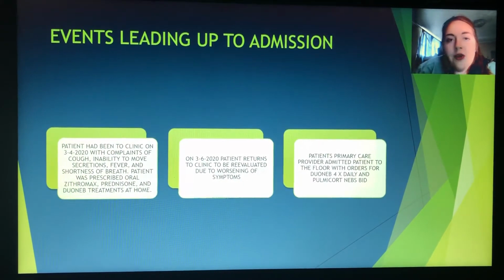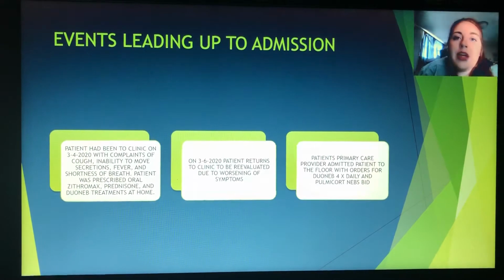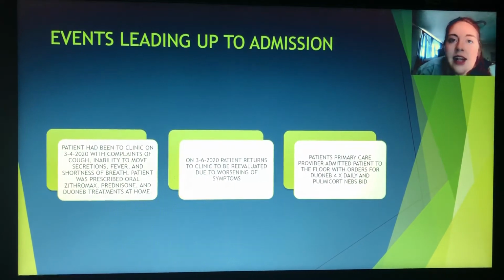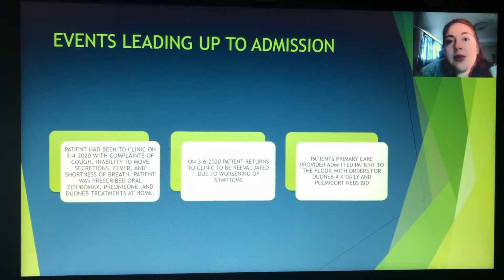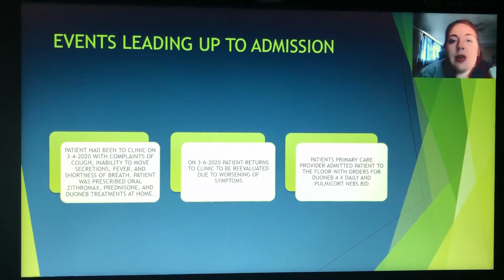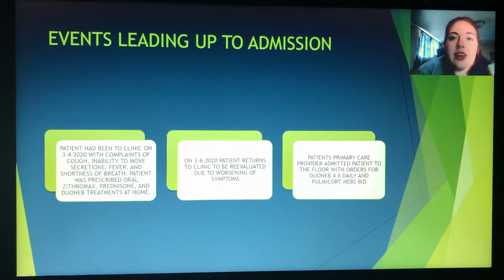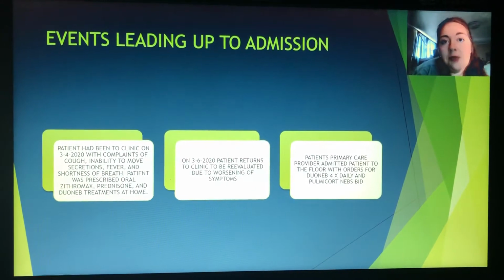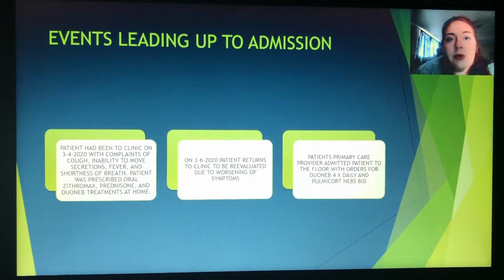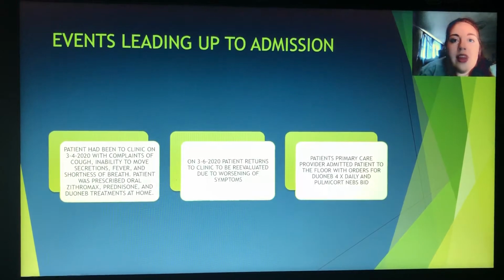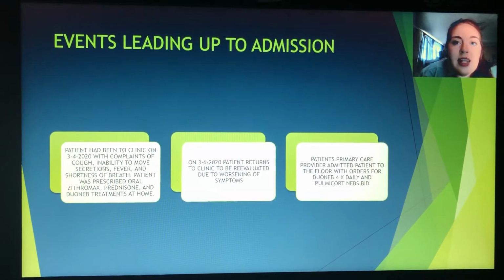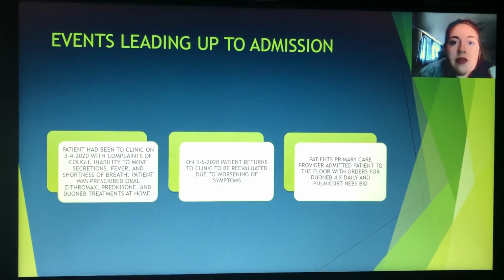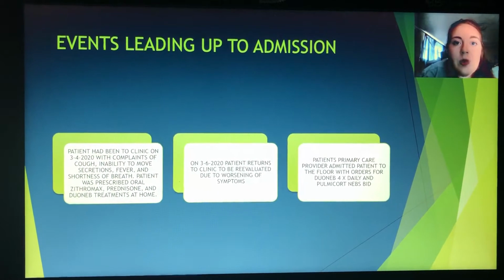Two days later, on Friday the 6th of March, the patient returned to the clinic, stating that their symptoms had worsened, the cough was worse, the shortness of breath was worse, and that is when the physician decided that it was time for the patient to be admitted to the hospital floor. With this, the physician ordered the duo-neb treatments 4 times daily and pulmicort treatments via nebulizer 4 times daily as well.